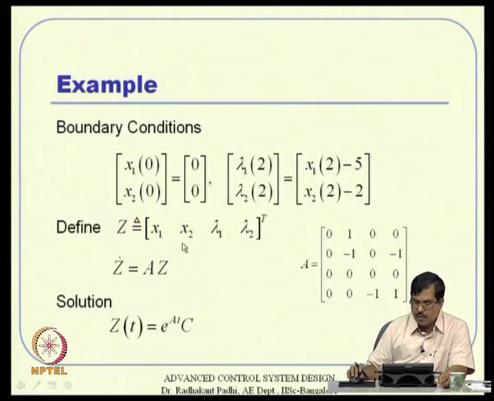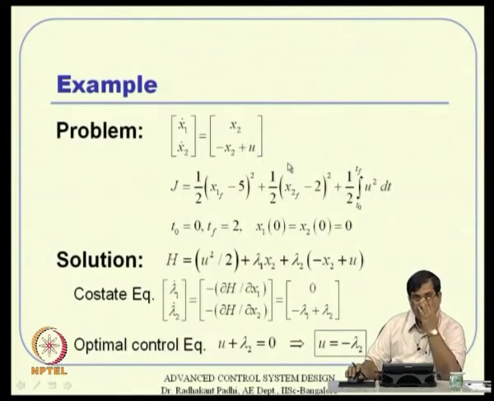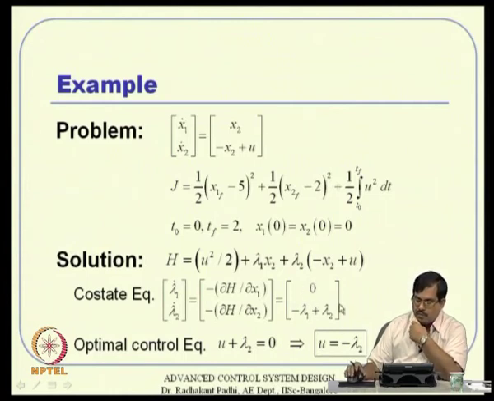The first n elements are states, the next elements are co-states, and as I told, if I substitute this equation back in here, I can see that this is a linear equation, and this is also a linear equation here. That is why these problems are simpler, why we call them toy problems anyway.